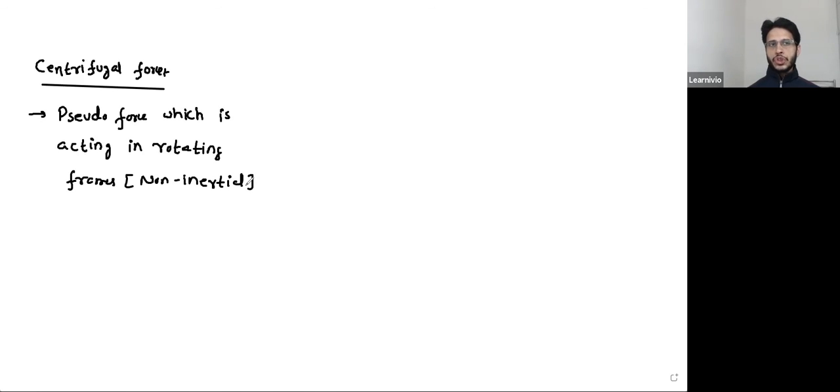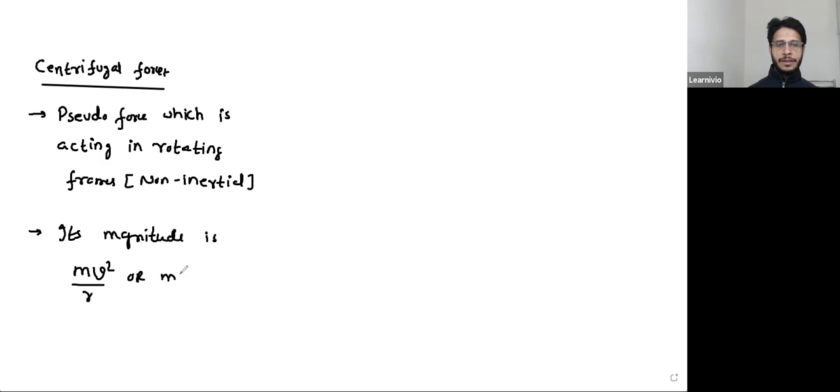Its magnitude is mv squared by r, or you can write this as m omega squared r. Its direction is along the radius, away from the center.